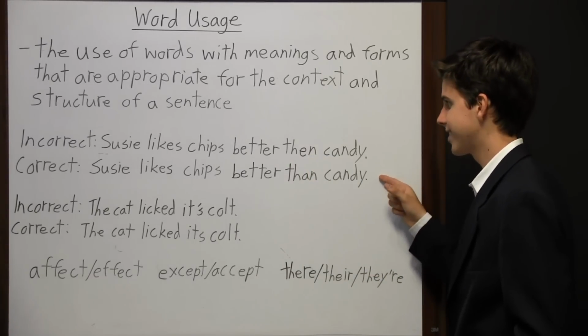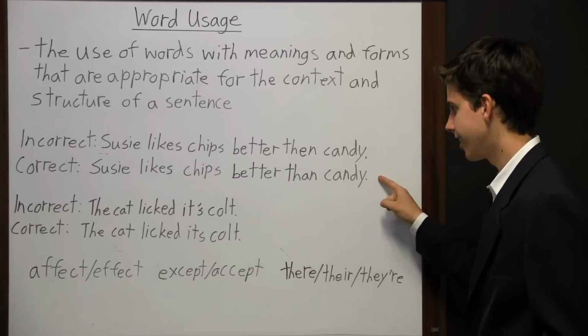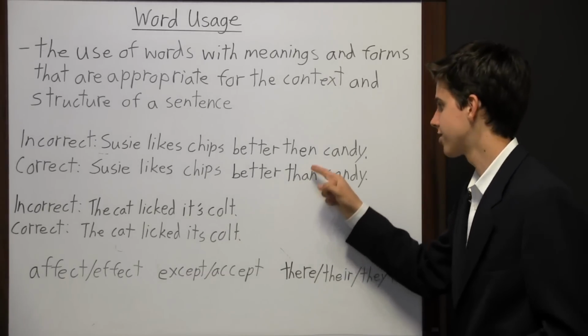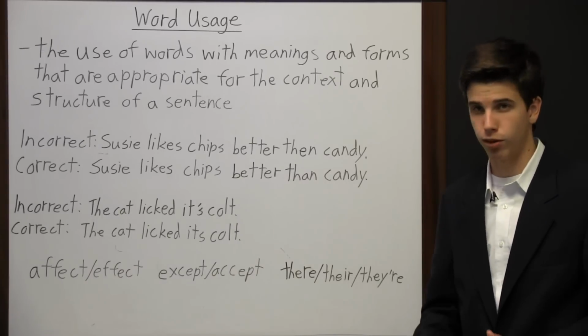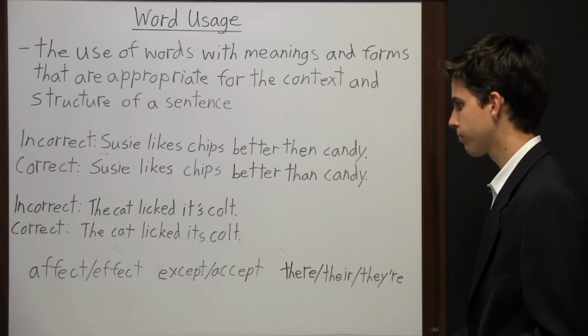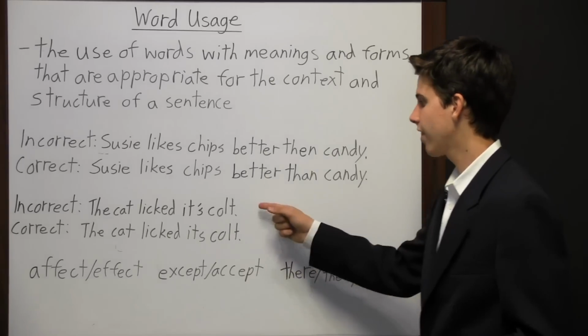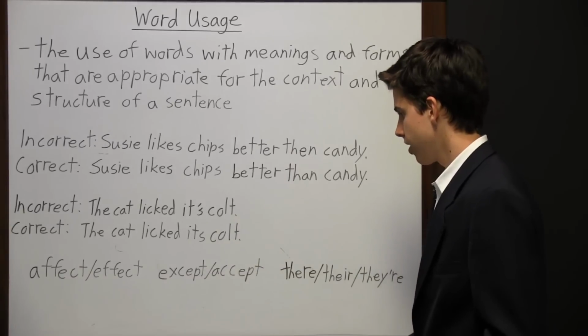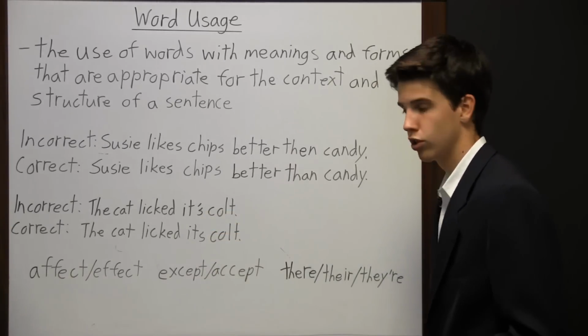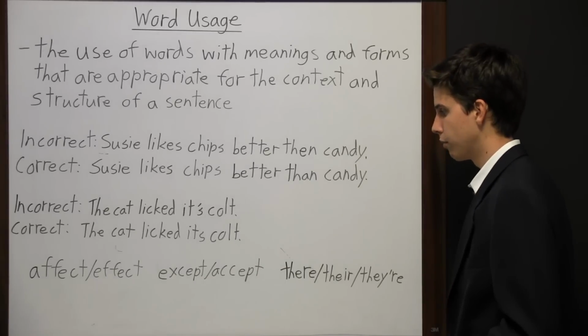So it makes more sense to say Susie likes chips better than candy, because than is used in comparisons, while then is used in more of a chronological sense, like I went to the store, then I ate lunch. Another example would be the cat licked it's coat. The correct form is the cat licked its coat. Now, it's and its are homonyms, which are words that sound the same but have different meanings.